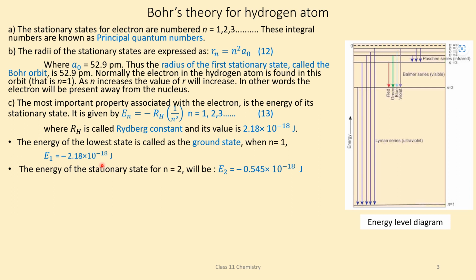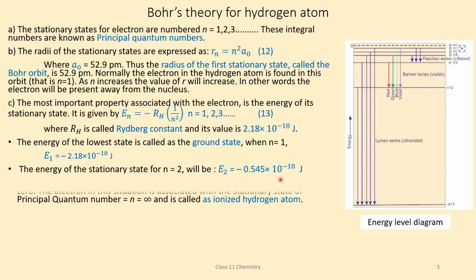The energy of the next state, that is, if we put n equals 2, then E2 will be equal to minus 0.545 into 10 to the power of minus 18 joules. So energy is in joules.